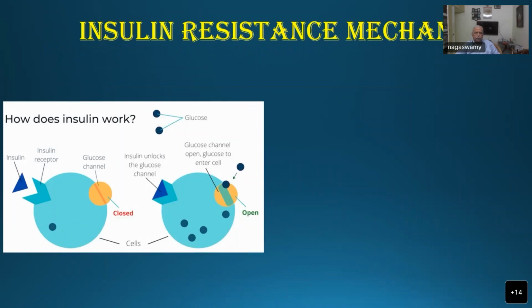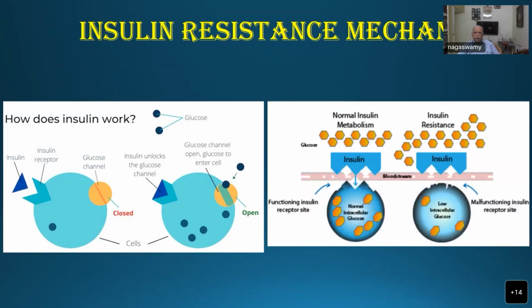This picture shows another simple way of the insulin coming and occupying the receptor. Before it occupies, the channel is closed. The GLUT transporter is closed. Once insulin occupies the receptor, this glucose transporter channel opens and glucose is able to enter the cell.